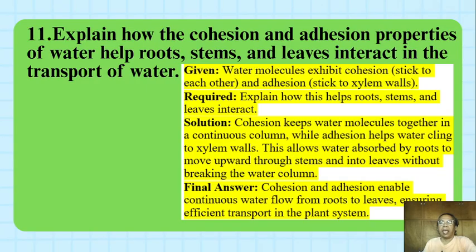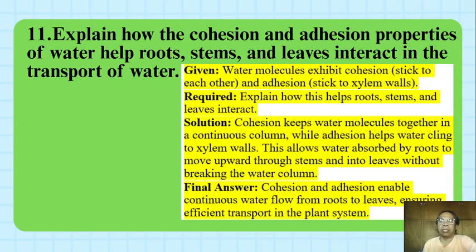Required: explain how this helps roots, stems, and leaves interact. So solution. Cohesion keeps water molecules together in a continuous column, while adhesion helps water cling to xylem walls.